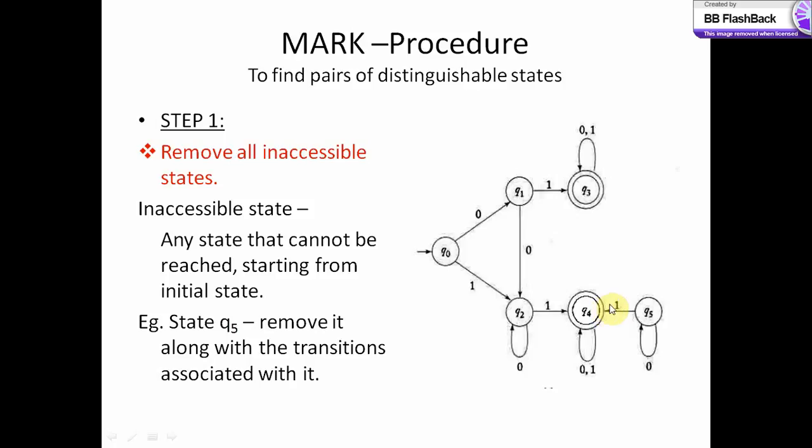Whereas Q5, this state cannot be reached from the initial state. So this state is called the inaccessible state, and we can remove this state from this DFA. As we remove this state, we can also remove the transitions that are associated with this state.